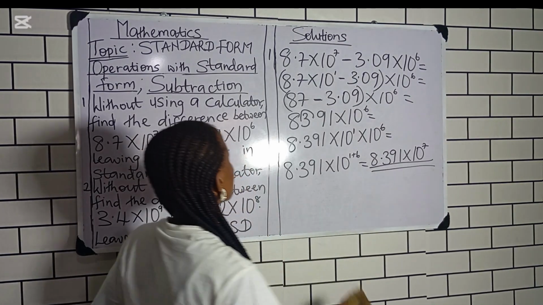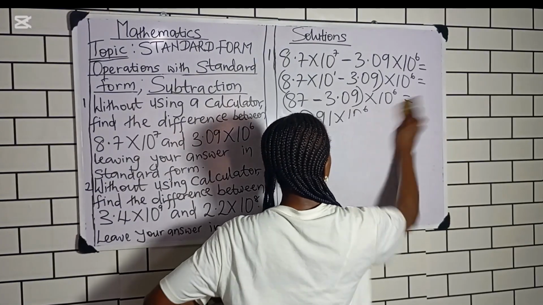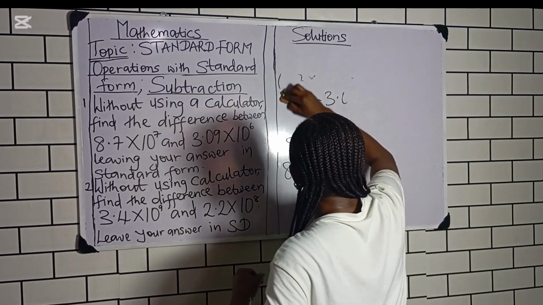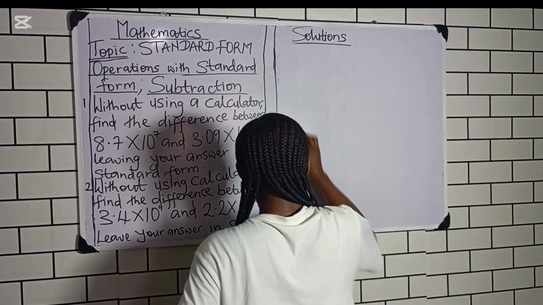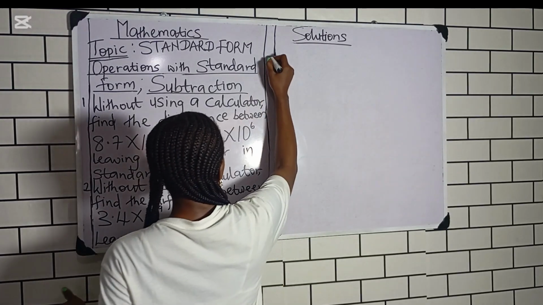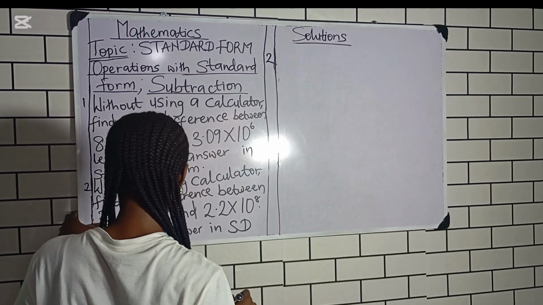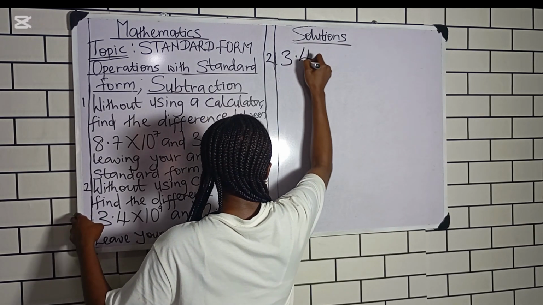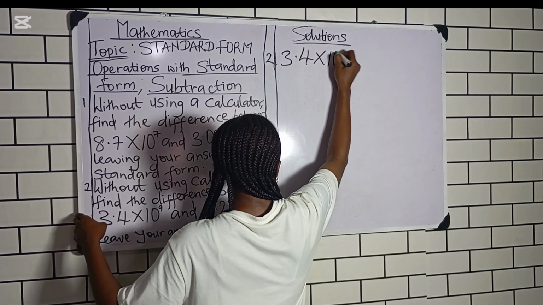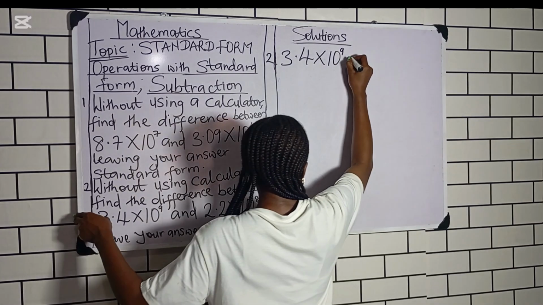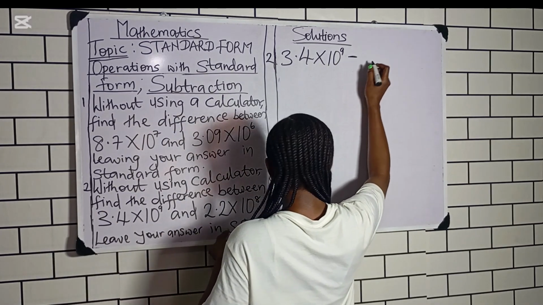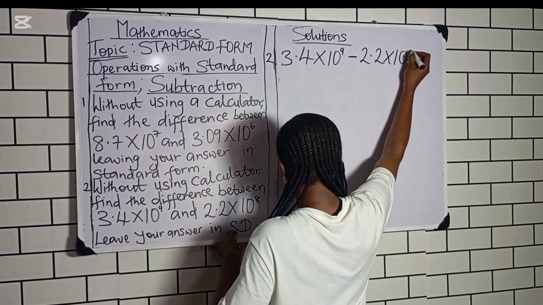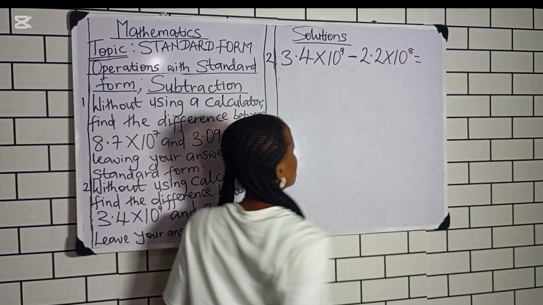Now, moving over to question number 2 under subtraction. Question number 2, we are given 3.4 times 10 raised to power 9 minus, because it's difference, minus 2.2 times 10 raised to power 8 is equals to.